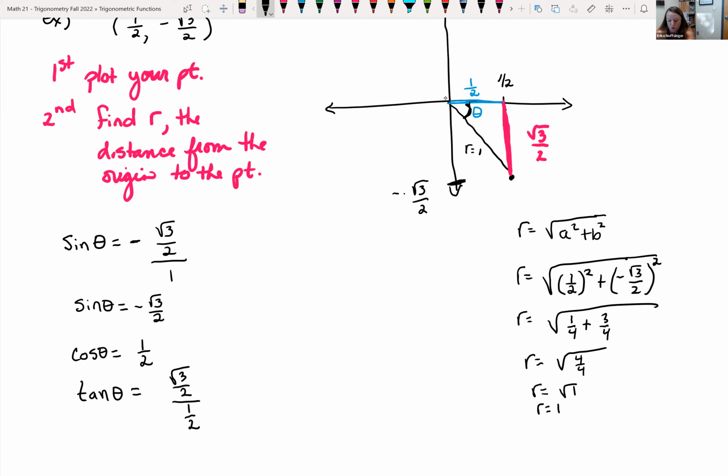Tangent theta is negative in quadrant 4, so we need a negative here. If we invert and multiply, flipping our 1/2 and rewriting it as 2 over 1, we have negative √3 over 2 times 2 over 1. The 2's cancel, and we're just left with negative √3.